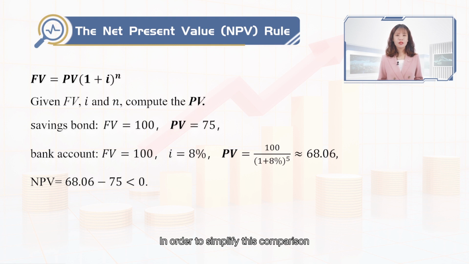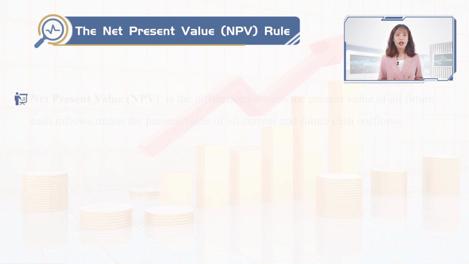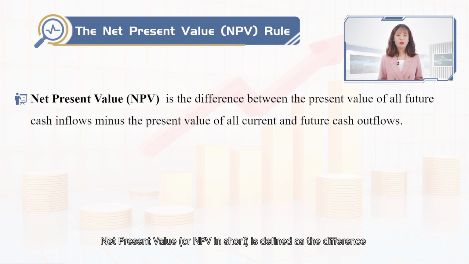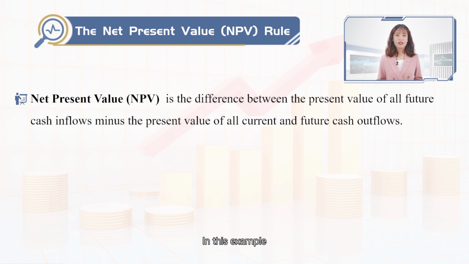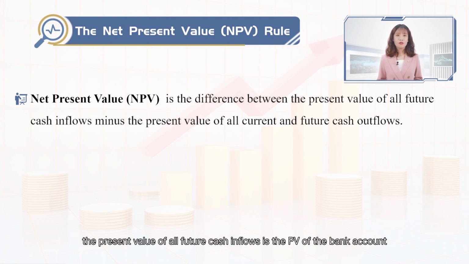In order to simplify this comparison, net present value, or NPV for short, is defined as the present value of all future cash inflows minus the present value of all current and future cash outflows. In this example, the present value of all future cash inflows is the PV of the bank account, $68.06.